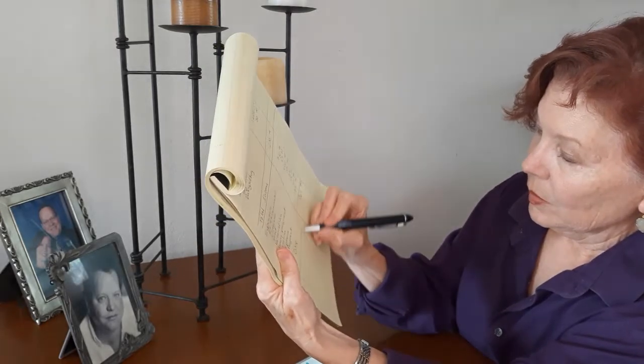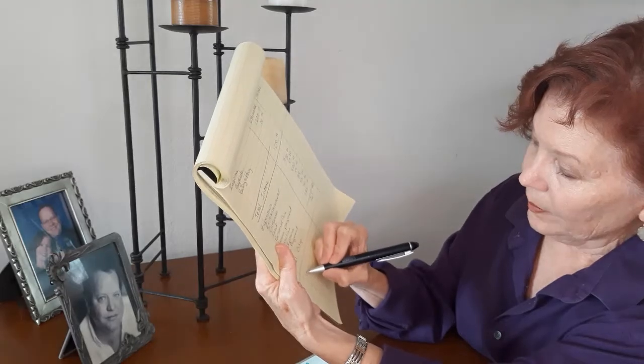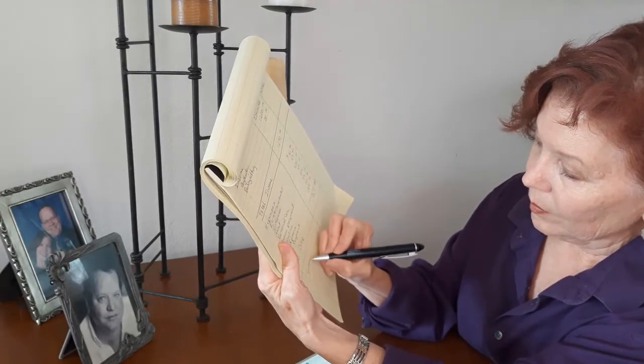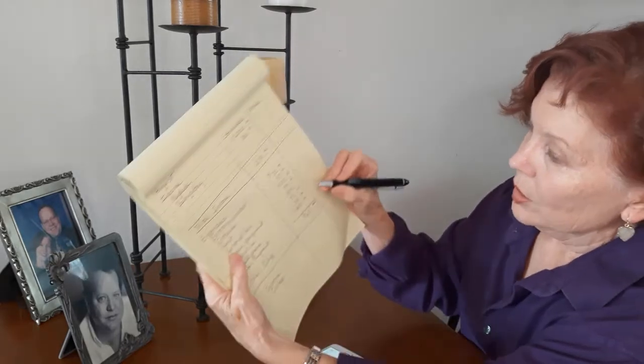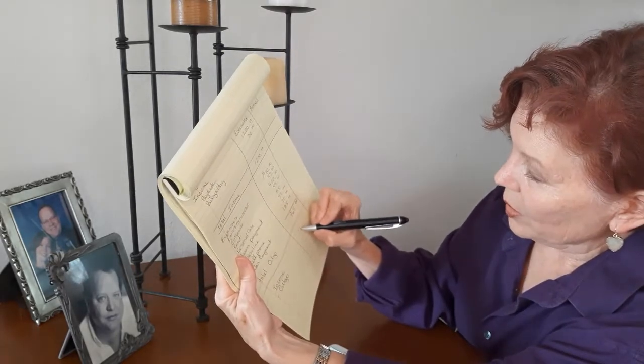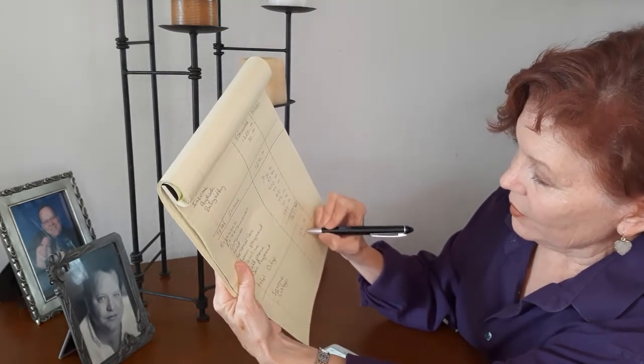Now we're going to make another line and we're going to say income minus outgo. So the income is $1,230. The outgo is $965.